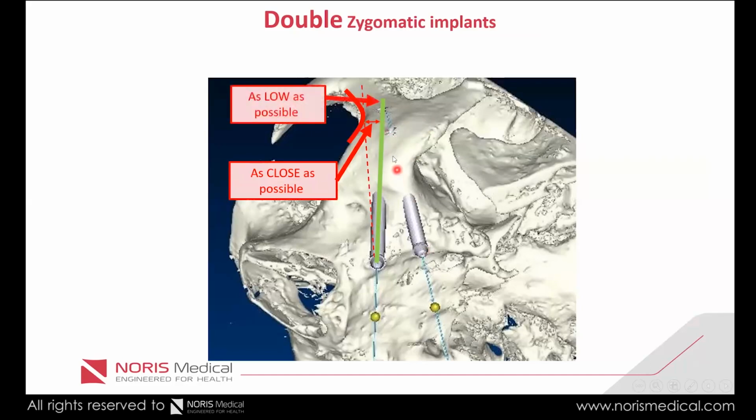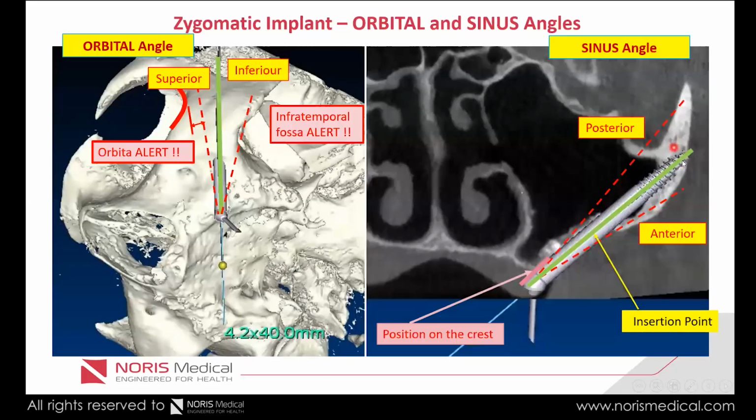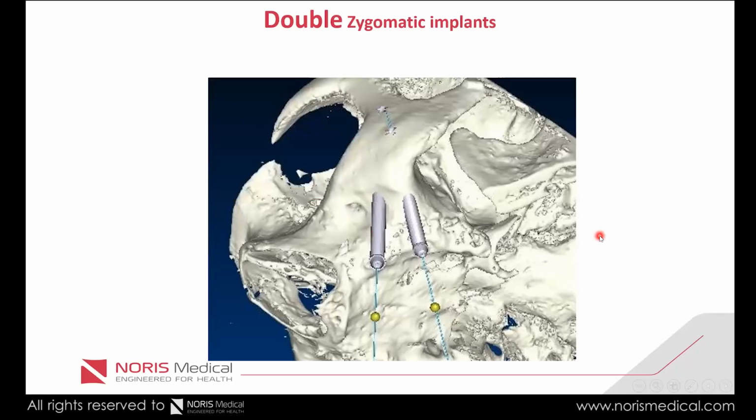As I said, the position of the apex of the implant, we want it to be as low as possible, meaning that the sinus angle would take us, let me go back to this, we'll take the implant going this way, towards the sinus. This is what we want to do in this case.